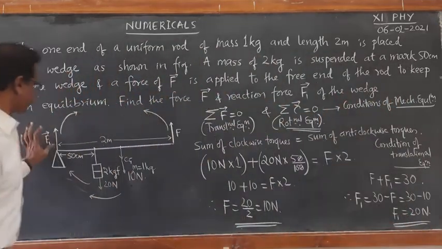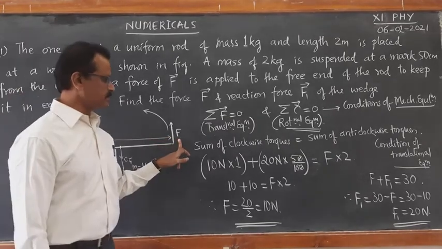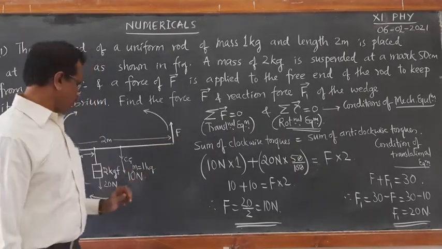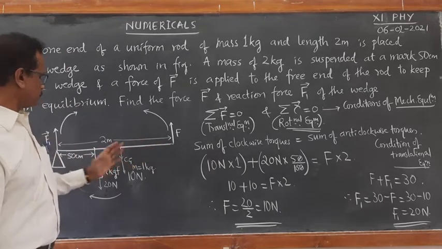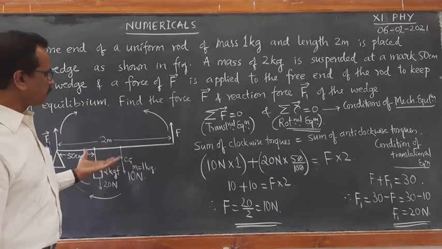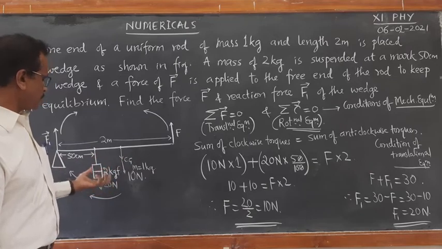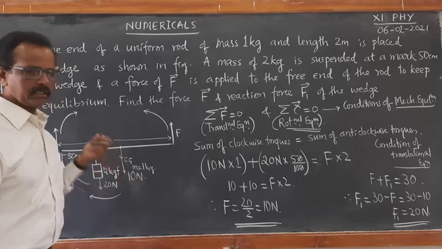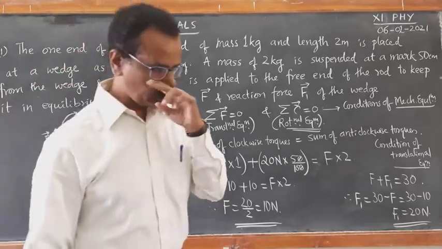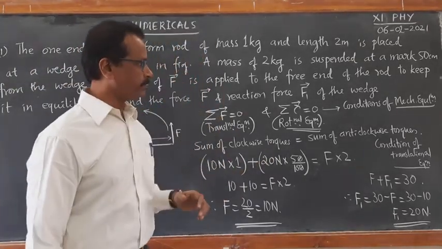This F is 10 Newton. You can just verify: 20 plus 10, these 30 Newton forces are balancing the 20 plus 10, 30 Newton force which are acting vertically downwards. This is how we need to solve the problems of equilibrium.